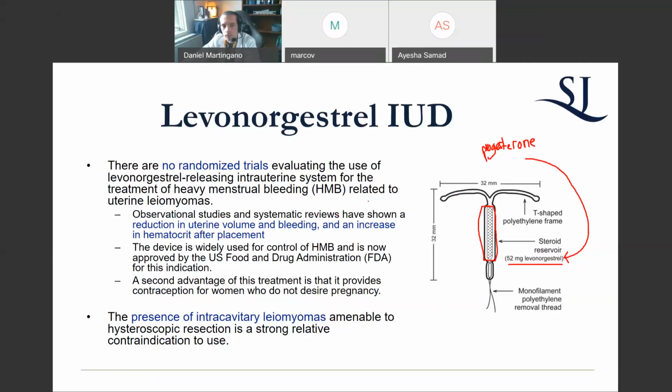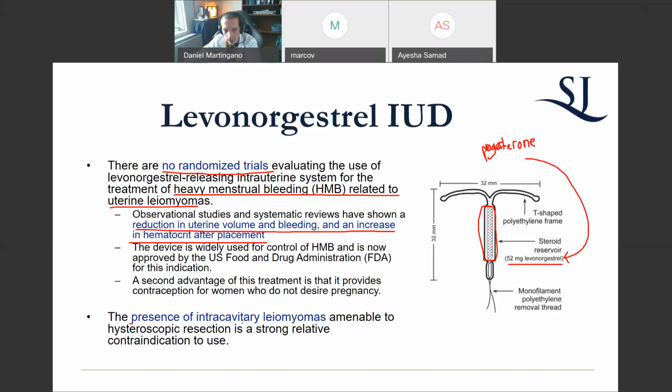But there are no randomized trials looking for the use of this in heavy menstrual bleeding and as it relates to uterine leiomyomas, just to start. But there are studies that show that it can help, right? It reduces the volume of bleeding and reduces the uterine volume, and also increases the patient's H&H. Okay.